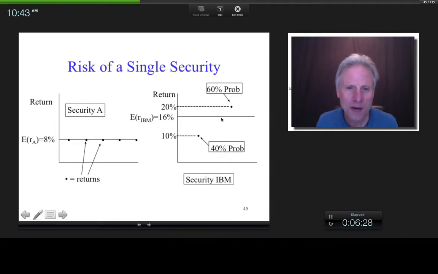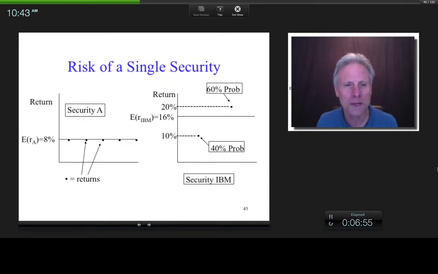Now what about this guy right here? This is IBM. Okay, here's our expected return of IBM. And we said, well, there was a 60% probability of a boom, in which case it realized 20%, or 40% probability of recession, in which case it would realize 10%. Does IBM have risk? Does unexpected stuff happen? It does, right?